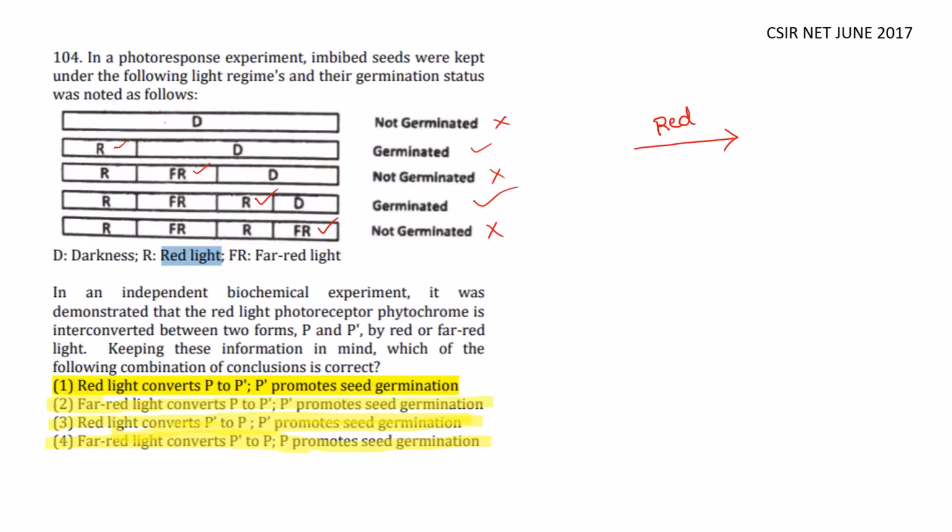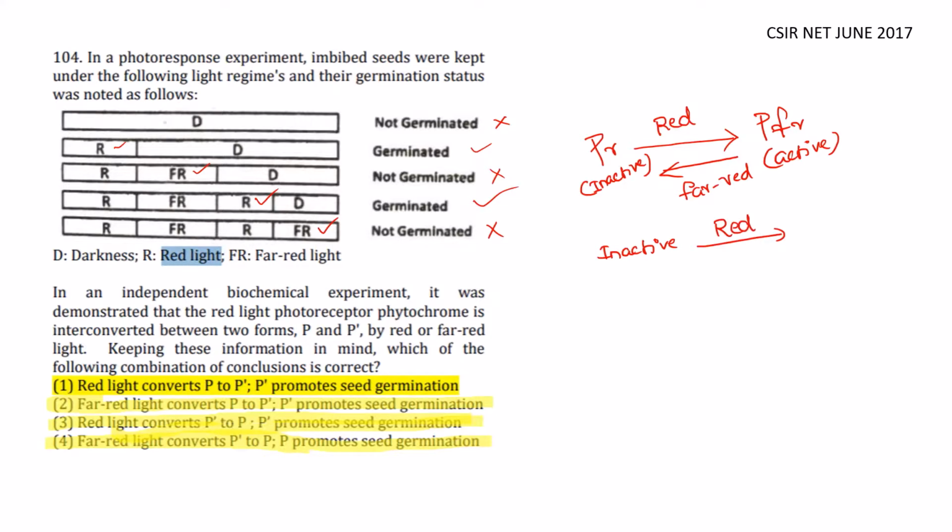We studied that red light will convert PR, that is the inactive form, to PFR. This is the active form, and this PFR will promote seed germination, and this PFR will convert back to PR by absorbing far red light. Okay. So here an inactive form is converting to active form by absorbing red light.